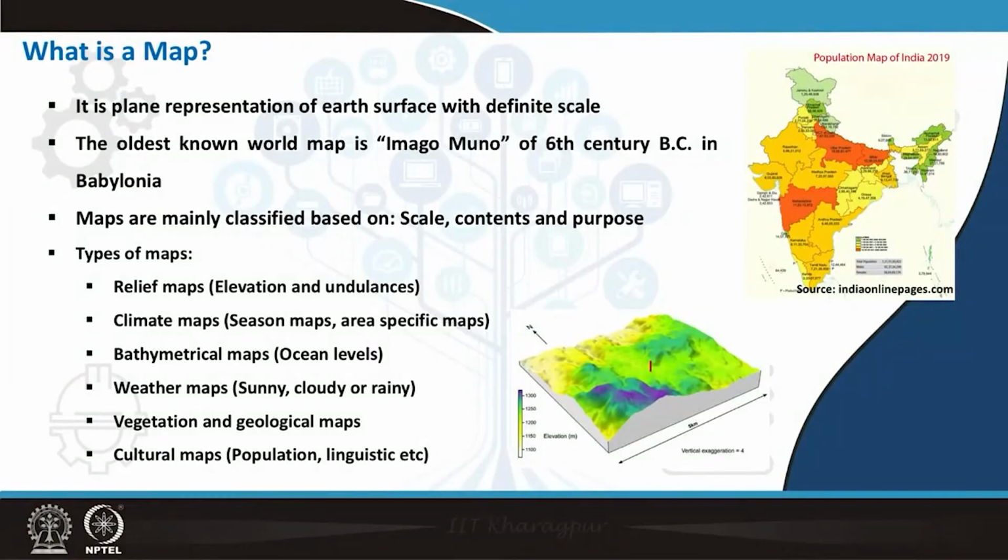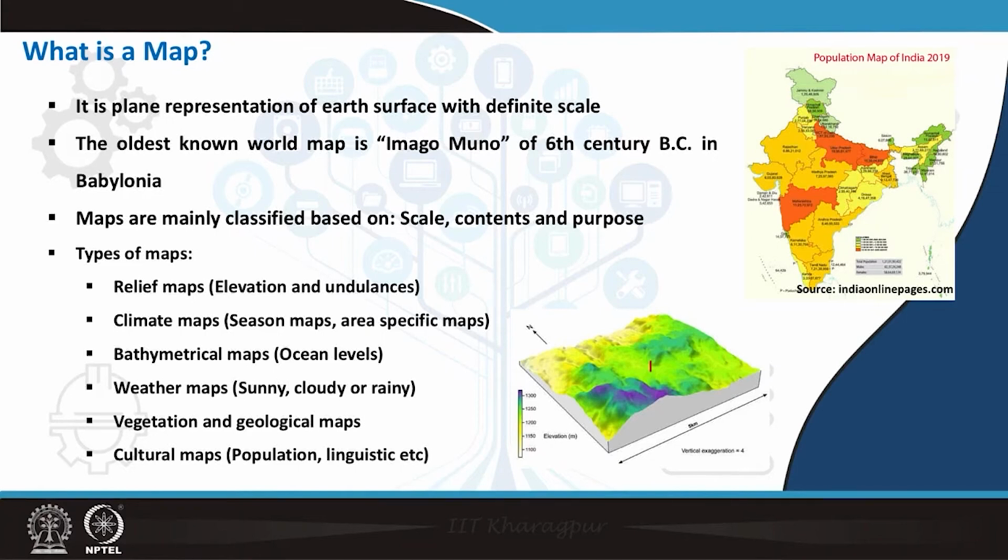So map, everyone has an idea of a map, right? It is nothing but a plain representation of the earth's surface with a defined scale. Or it can be a representation of the 3D surface of the earth in 2D, having a definitive scale.